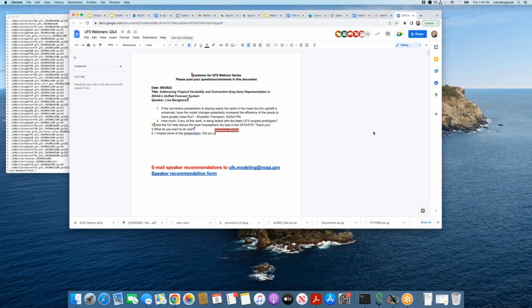So one of the questions was, what do you want to do next? That's a good question. I think there's a couple avenues to explore. One would be, with this prognostic closure, we essentially only address the prognostic area fraction, but I think it could be interesting to go further and have a prognostic evolution also of the updraft velocity, and that would kind of constitute the entire mass flux profile.